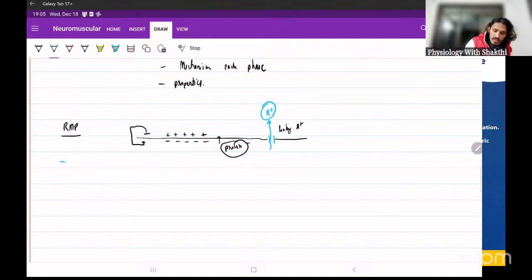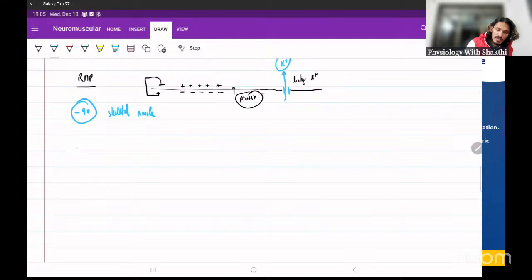It goes to around minus 90 in your skeletal muscles. Neurons also, if you take a look at smaller neurons, it is usually minus 70 millivolt, but larger neurons can have minus 90 millivolt.